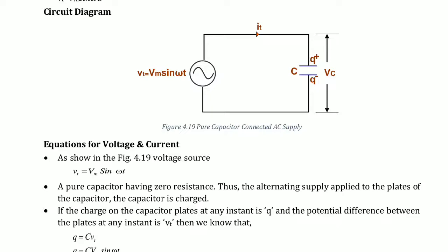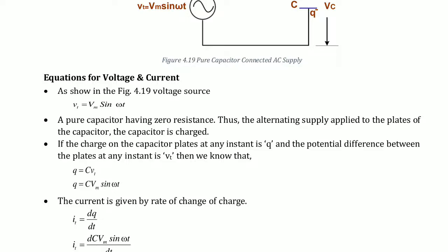If the charge on the capacitor plates at any instant is Q and the potential difference between the plates at any instant is V, it is known that Q is equal to C into V. V is the instantaneous voltage, so Q is equal to C Vm sin omega t.